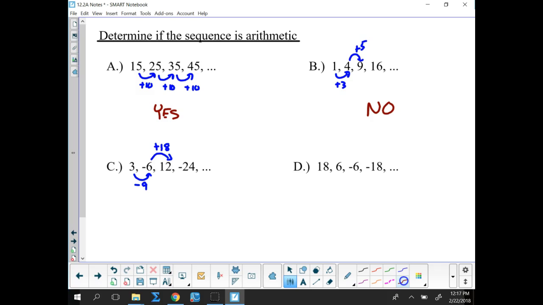Okay. What about this one? Looks like we are subtracting 12, and subtracting 12. I would go with yeah on that one.